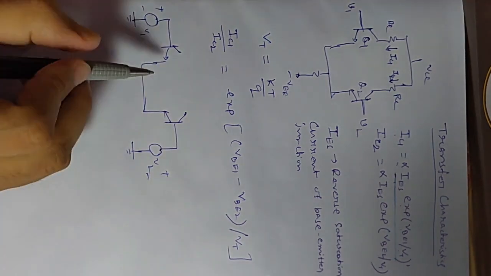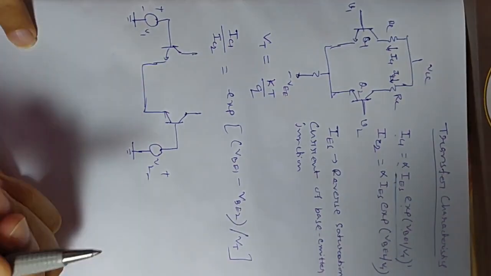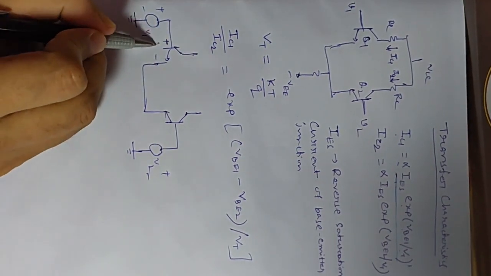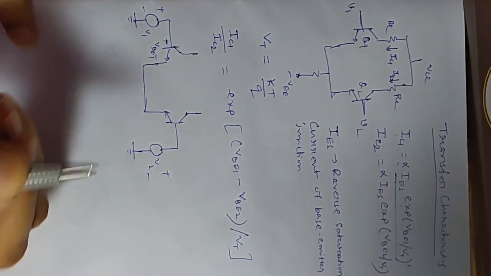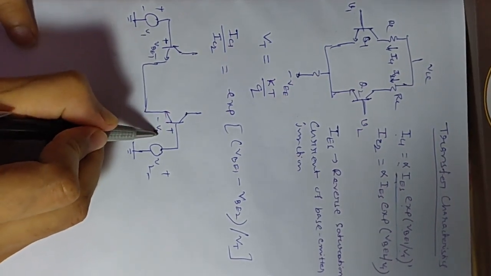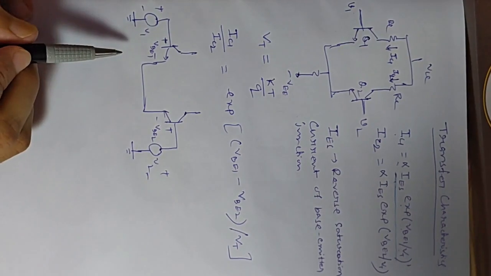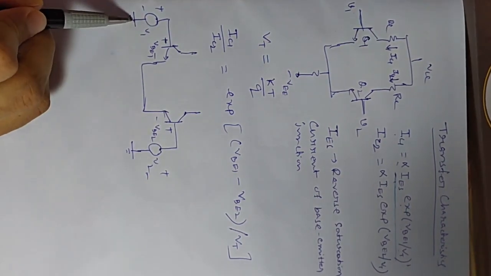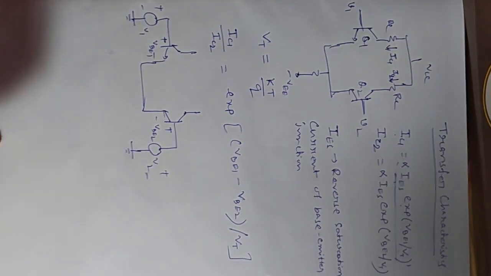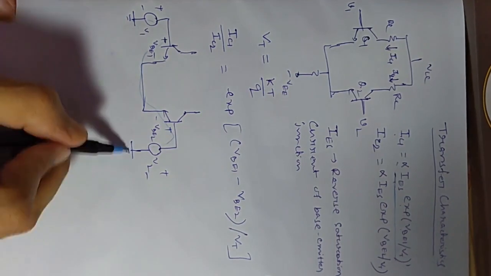As you can see, I have redrawn this whole circuit, and you have plus minus VB1 and that potential is plus minus VB2. So in this circuit, if I apply KVL, that will be our loop. Actually, these grounds are shorted.